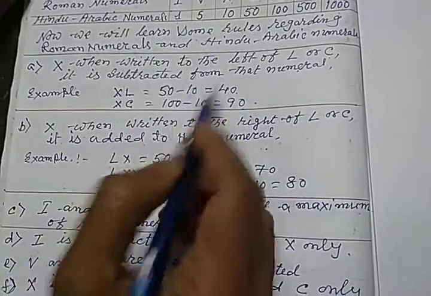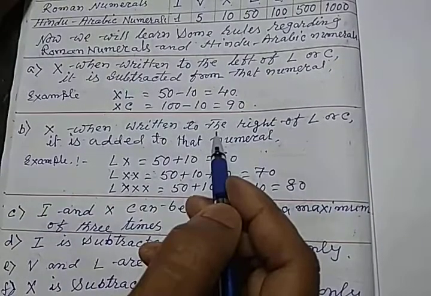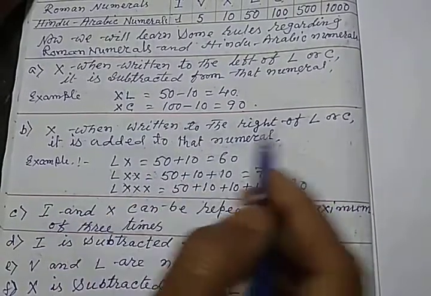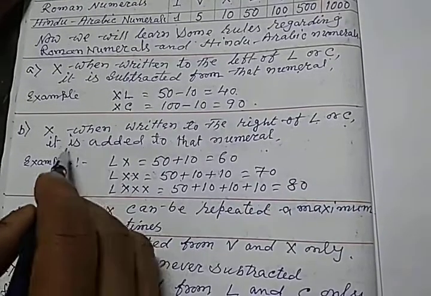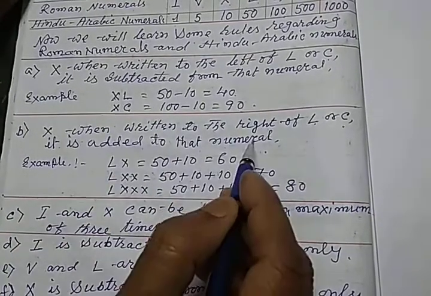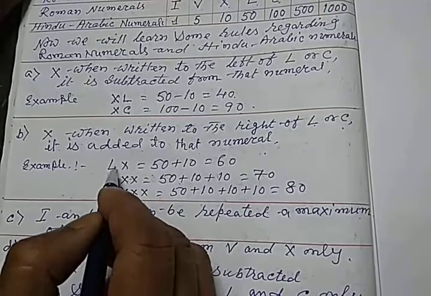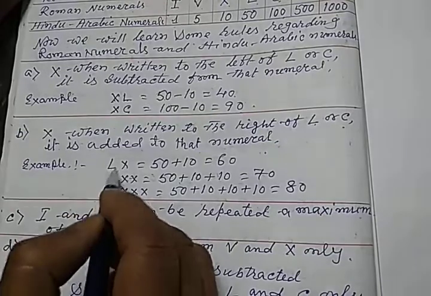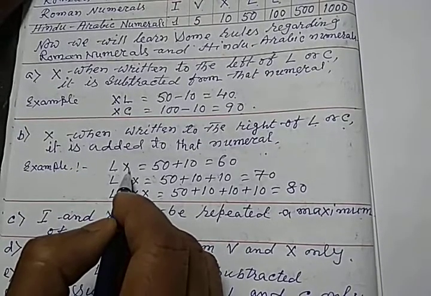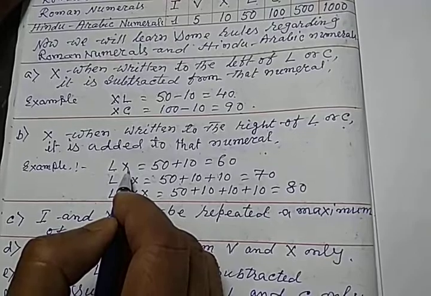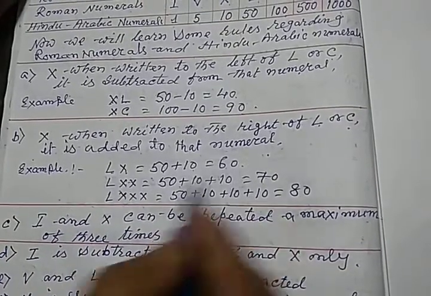Rule number B: X, when written to the right of L or C. This was on the left side. Now, if we write the X on the right side of L or C, it is added to that numeral. That means in that case, the value of X is to be added to the value of L. For example, L, then X is written on the right side. So you can write 50 plus 10 equal to 60.